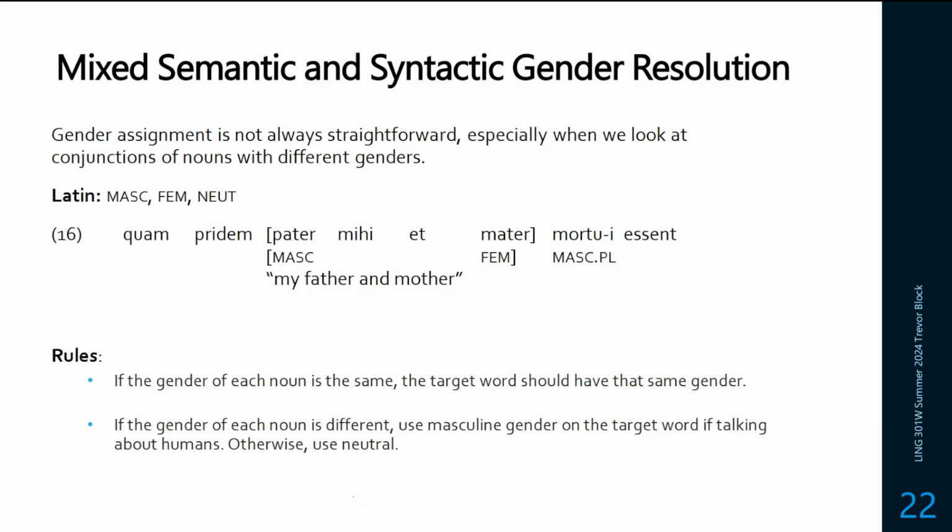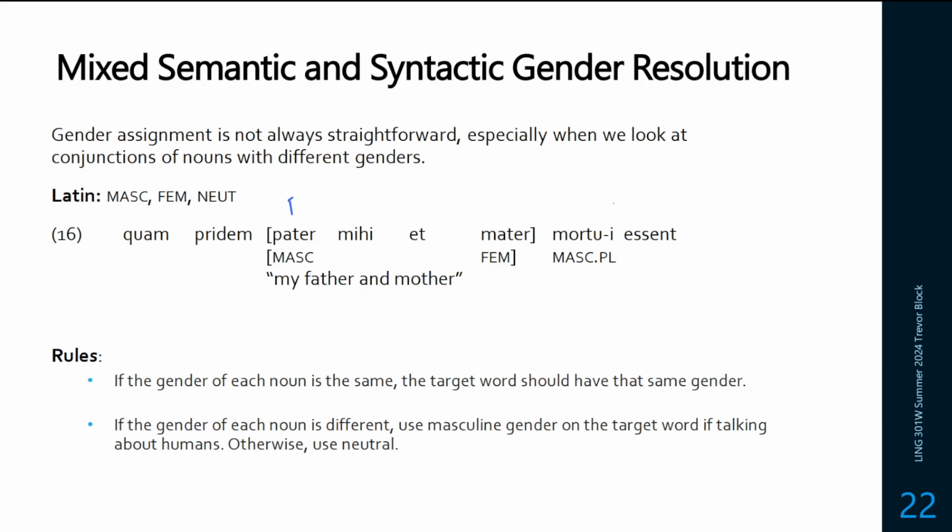When the genders are aligned, usually agreement forces that particular gender on the target word. So in Latin, for example, with masculine, feminine, and neutral, if we had a masculine noun and another masculine noun, then we would expect whatever's being targeted to also show masculine. If it were feminine and feminine, we would expect feminine on the thing that's targeting.